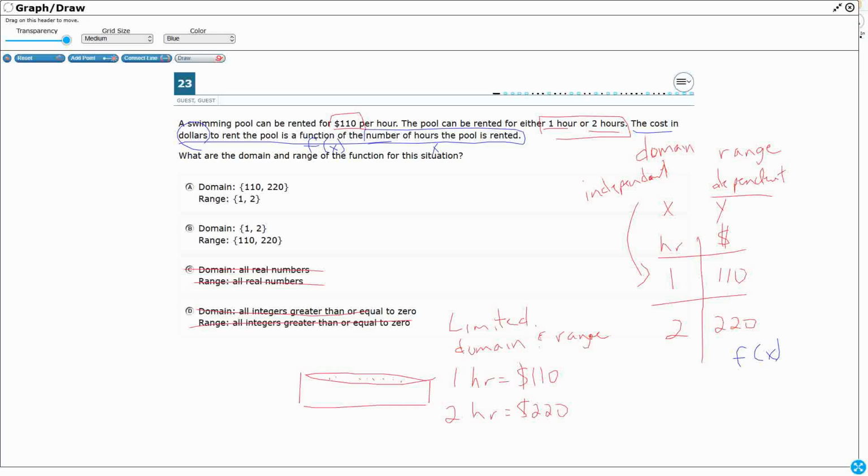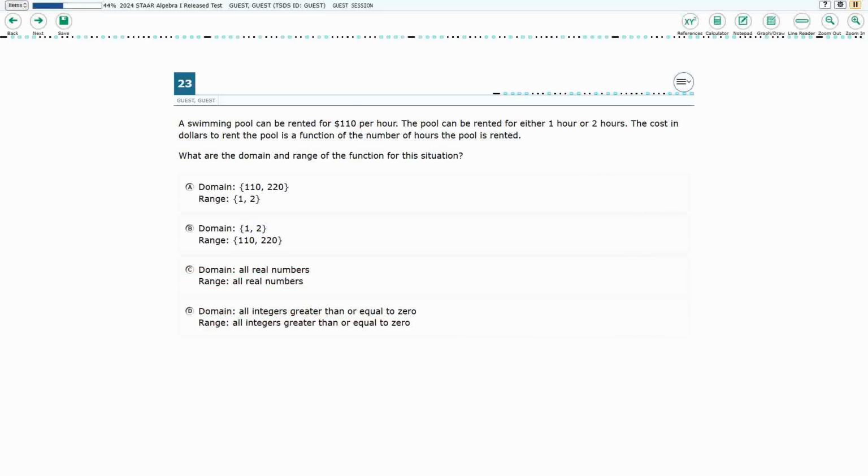So if I wanted to give this my x, I can say that the dollars spent is the f of x, and f of x sometimes can be used to represent that y. So it also tells us that the words function of let us know that the number of hours the pool is rented is our domain. It is our independent variable. It starts the conversation with whoever owns this pool, which means that our domain here is going to be the 1 and the 2. So we need these two right here. Our range is going to be the 110, the 220. So our answer is going to be B.